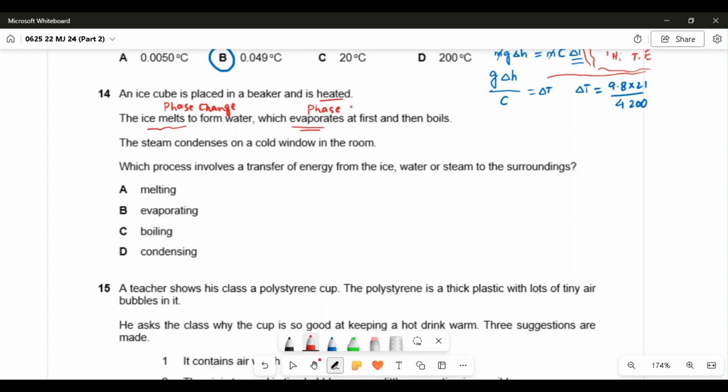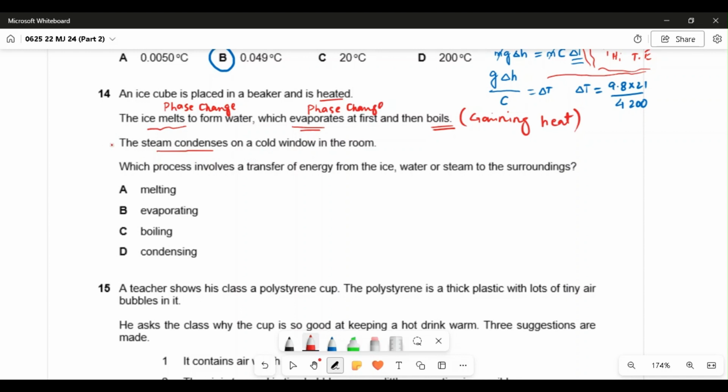Yes, heat gained, but phase change. So in both cases there is heat gain, and boiling is also heat gain. So melting, evaporation, and boiling all are gaining heat from the sources or surrounding. The steam condenses, so steam is going to convert into liquid again on a cold window.